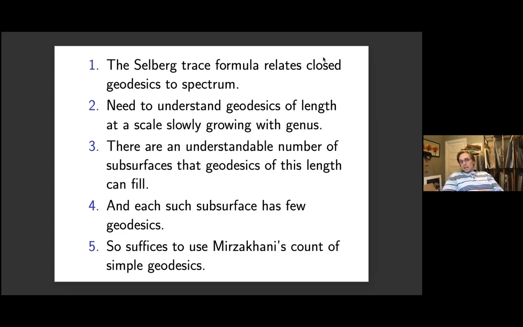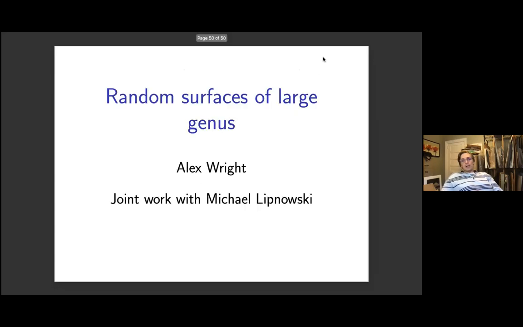There are an understandable number of subsurfaces that these geodesics can fill. And each such subsurface has few geodesics. So it suffices to use Mirzakhani's count of simple geodesics. And this gives us a sufficiently good understanding of the average number of geodesics. So that's an outline of our theorem, and that concludes my talk. Thank you for your attention.